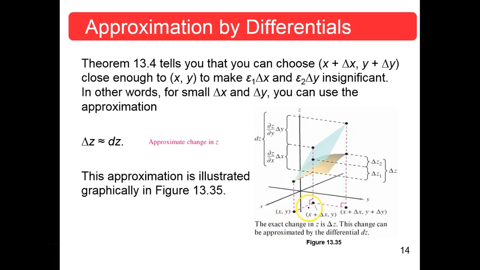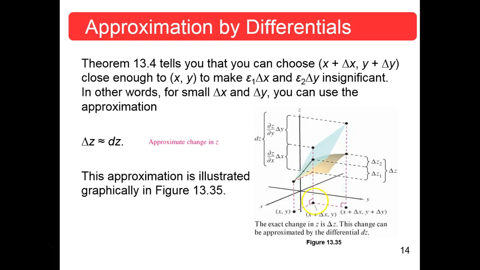Haven't changed y any, but you change that. So if you come up here, this basically gives you what happens with the change of x when y is left constant. So this is similar to your partial of f with respect to x, because you've let the y stay constant. So from here to here, that's approximately that.